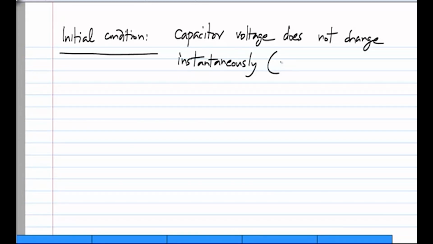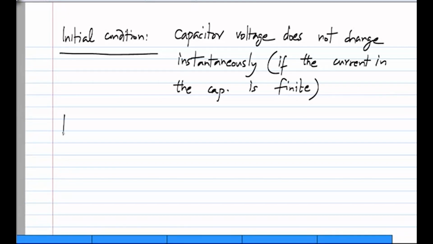Okay, this is true if the current in the capacitor is finite. Okay, based on this you will be able to calculate the initial condition on any variable in a circuit.